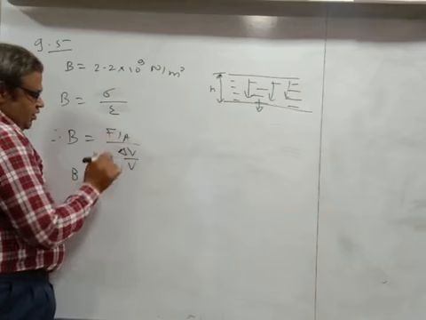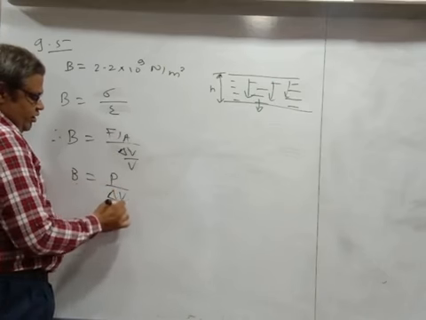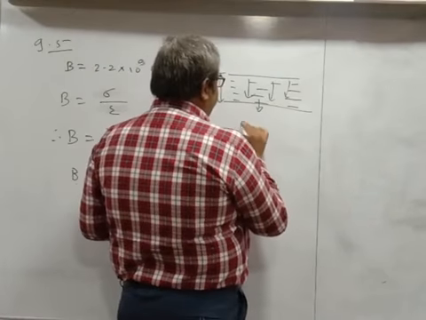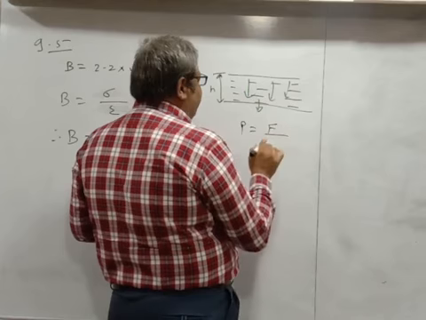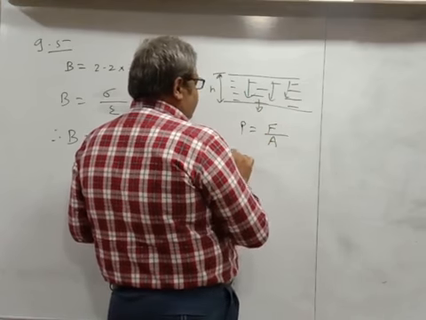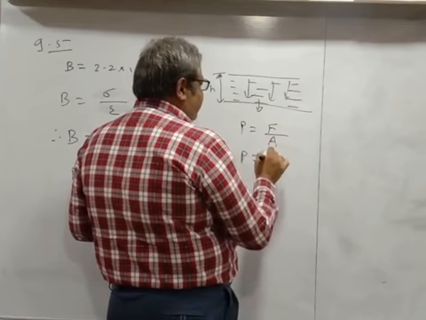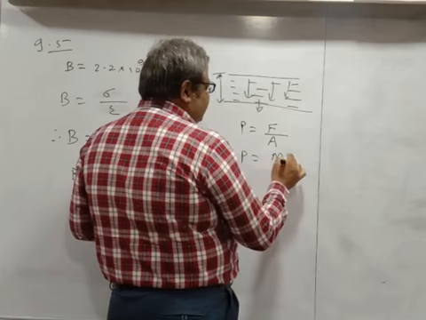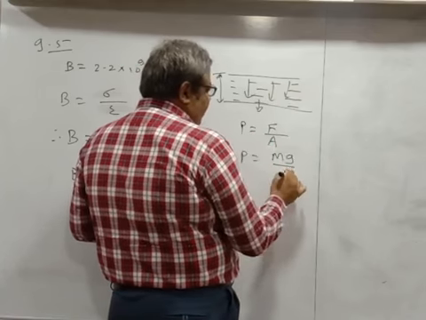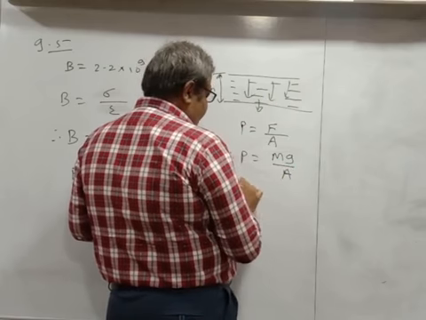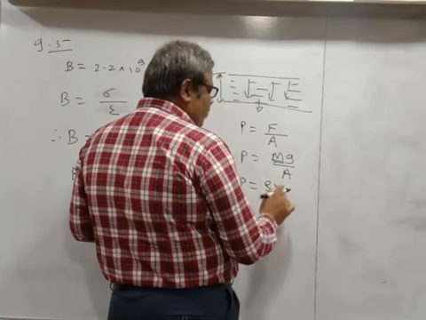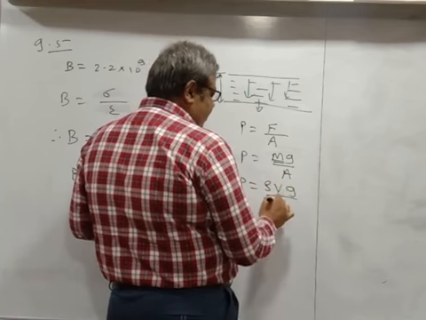So pressure into delta V by V. Now pressure is F divided by A, where F is equal to mg, the total mass, divided by A. So pressure is M g divided by area, where M is density into volume.